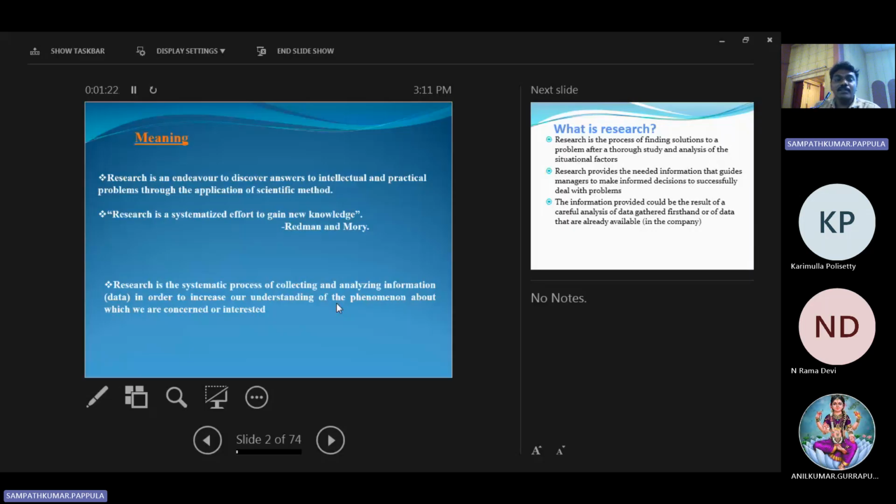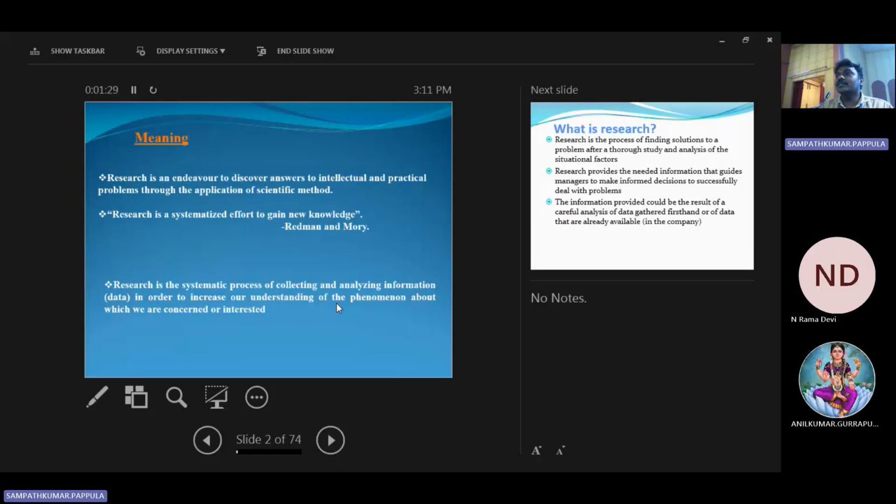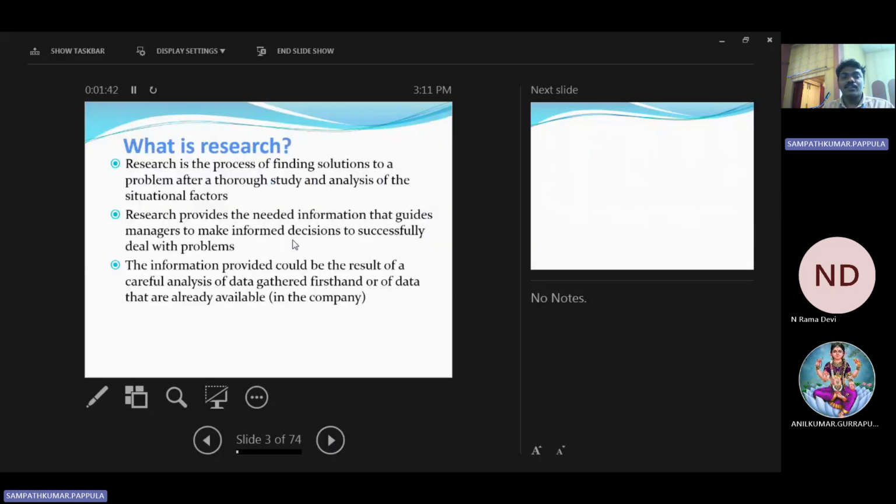Like that, in research also, the name itself indicates re-search: there is some existing work, but you need to revise it, identify a problem, and find the solution.